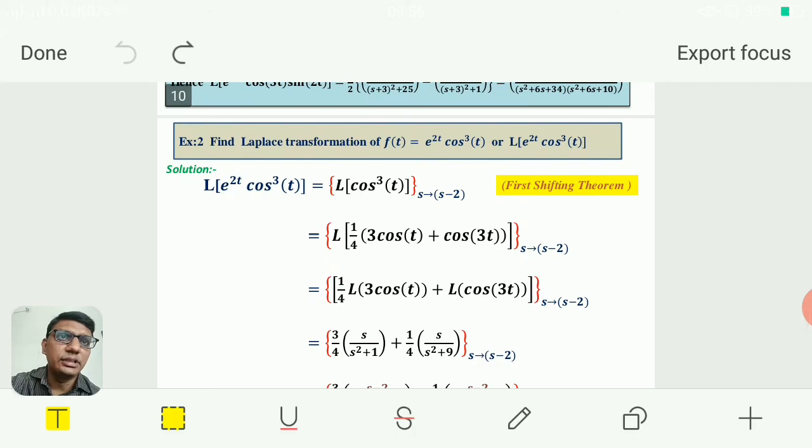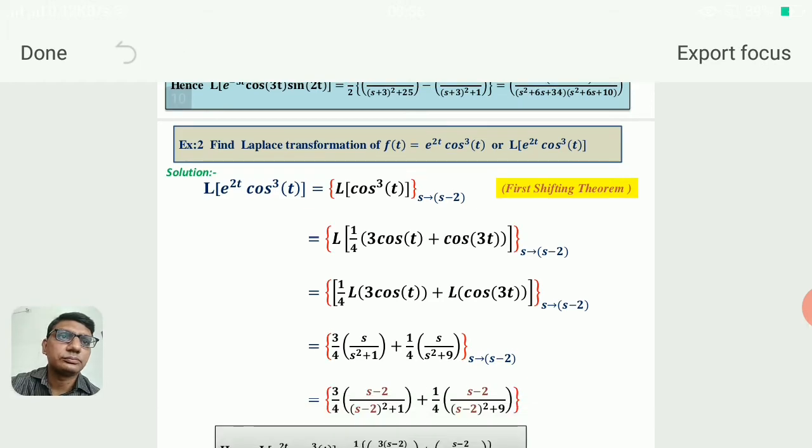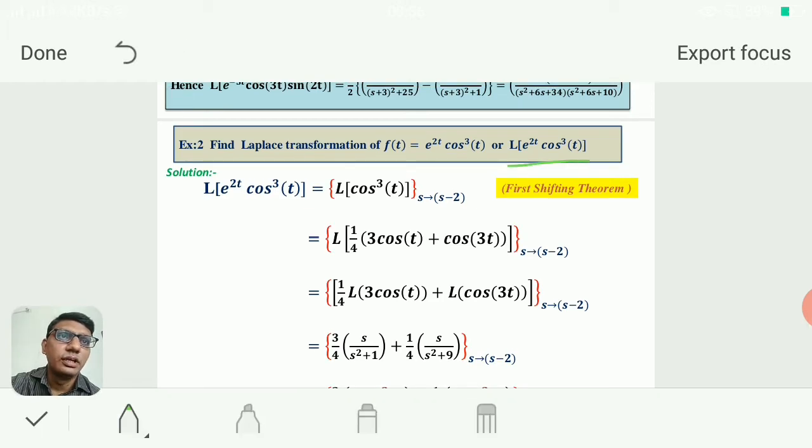Find the Laplace of e raised to 2t into cos cube t. So here e raised to 2t is multiplied with cos cube t. First of all, we will find the Laplace of cos cube t and then we apply the first shifting property. S is replaced by s minus 2, but our concentration is on finding the Laplace of cos cube t.